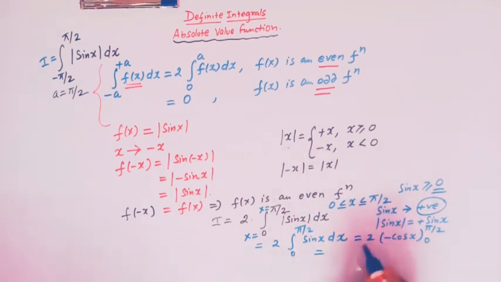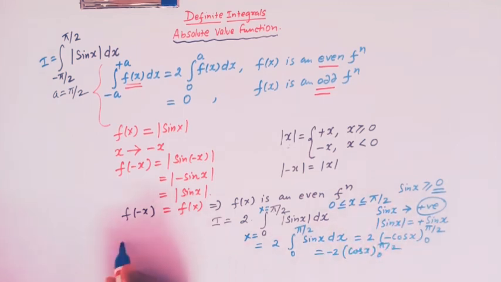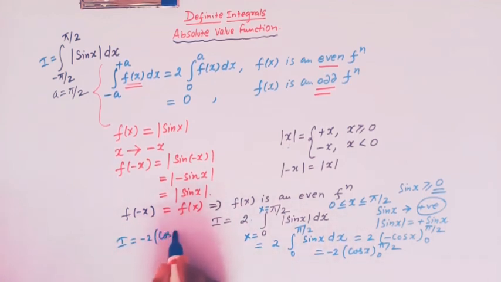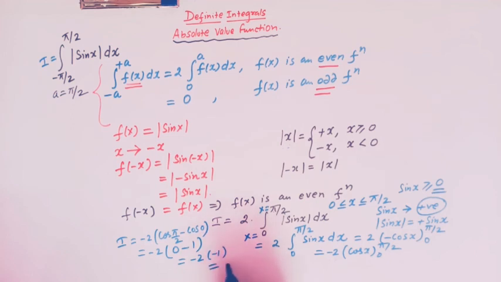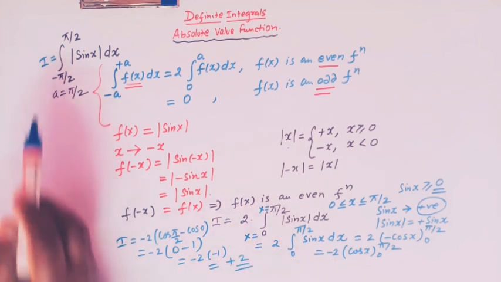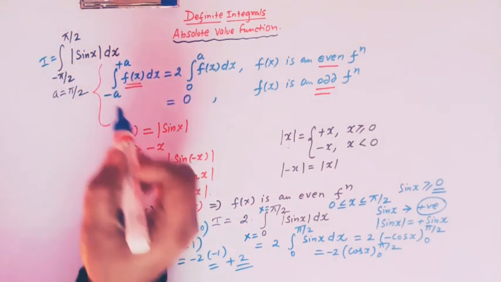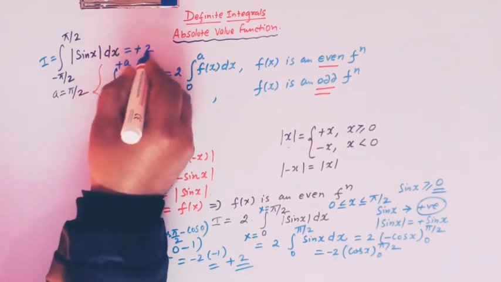Taking this negative sign outside, we have minus 2 times cos x from 0 to pi by 2, and I is equal to minus 2 times cos pi by 2 minus cos 0. Cos pi by 2 is 0 and cos 0 is 1, so we have minus 2 times minus 1, that is plus 2. So the value of this integral is plus 2.